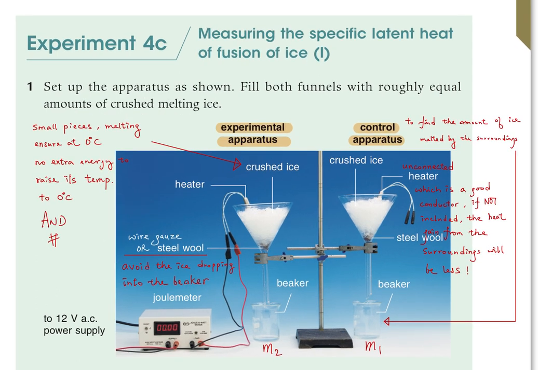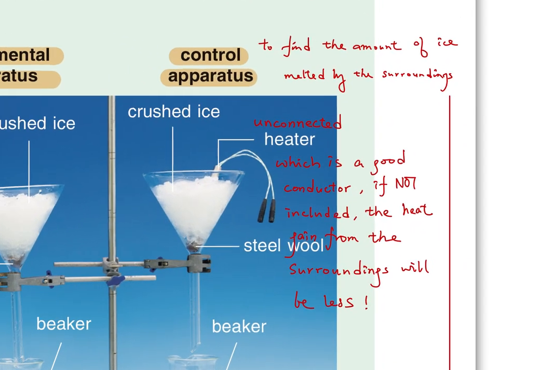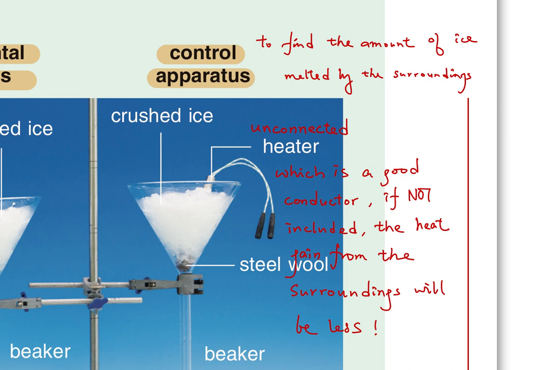First of all, in this experiment, there are two setups, the experimental setup and the control setup. They look alike, but the heater in the control setup is not connected. And yet, you still have to put the heater into the ice because the heater itself is a good conductor.